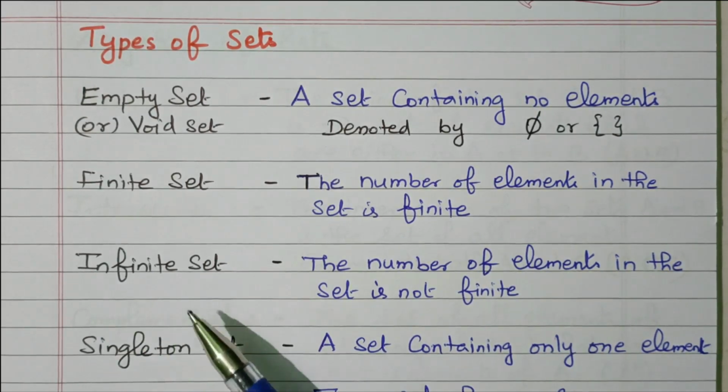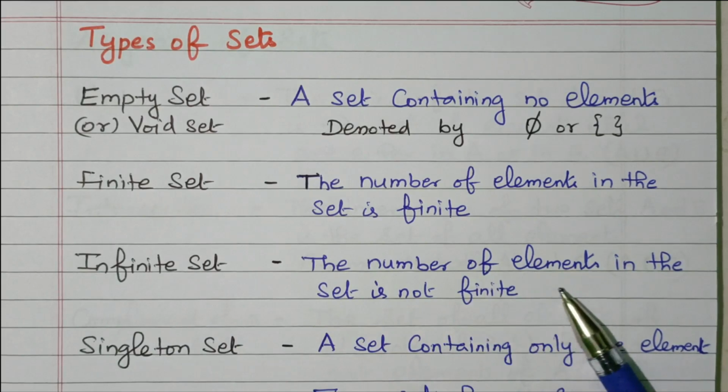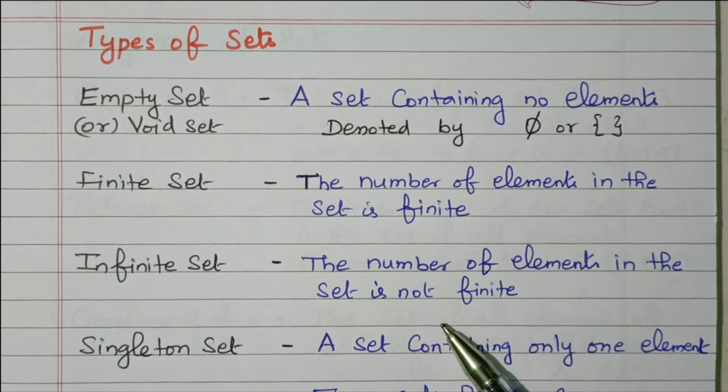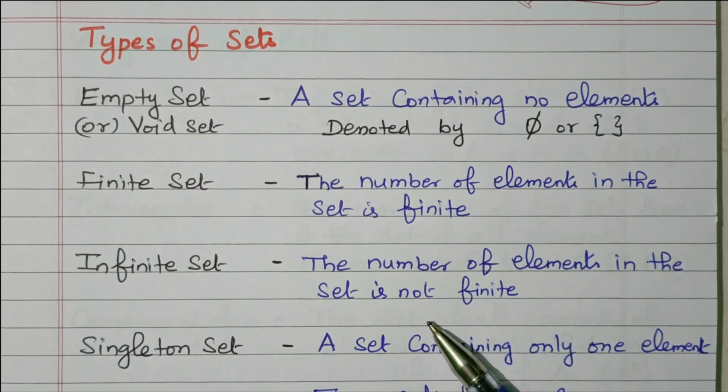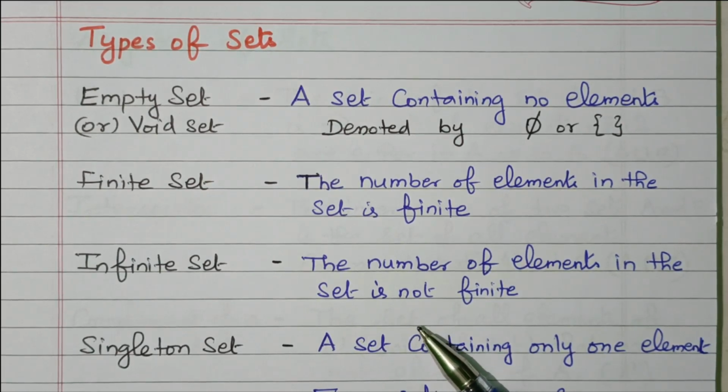Then the infinite set. The number of elements in the set is not finite. For example, the beautiful flowers in Ooty garden is infinite. We don't know which is the beautiful flower. Red color flowers in Ooty garden is a finite one, because we can easily count what are all the red color flowers. But for beautiful flowers, we don't know. Similarly, the old age persons in Tamil Nadu is infinite.